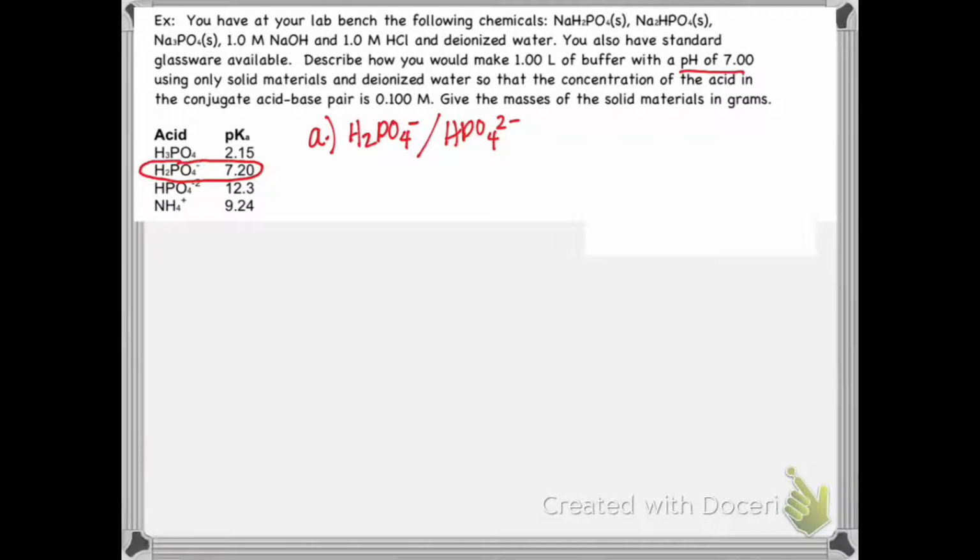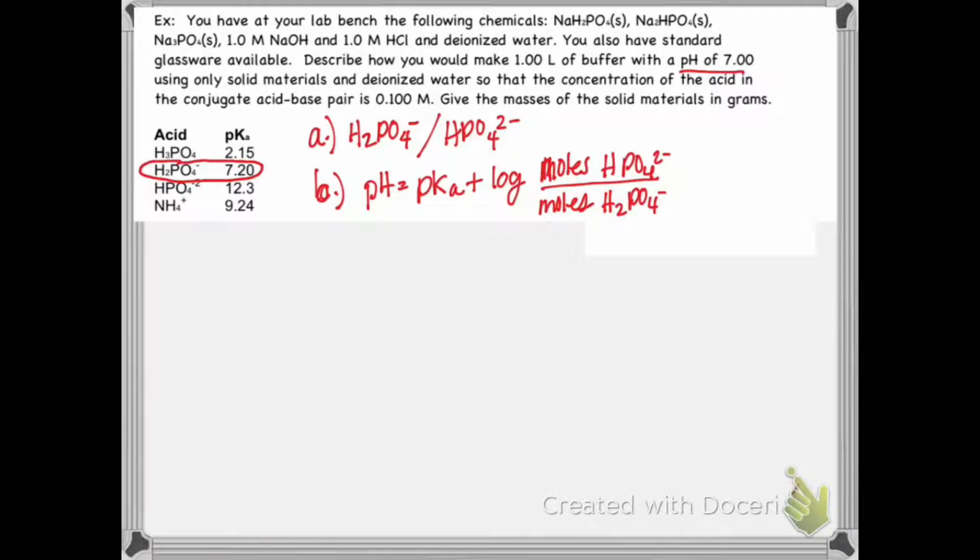So the second thing that we are going to do then is use the Henderson-Hasselbalch equation to determine the ratio of moles of the base component to the acid. So here's our Henderson-Hasselbalch equation. And again, it can be concentration ratio or mole ratio. So we're going to use the mole ratio here. So moles of our base divided by moles of our acid.